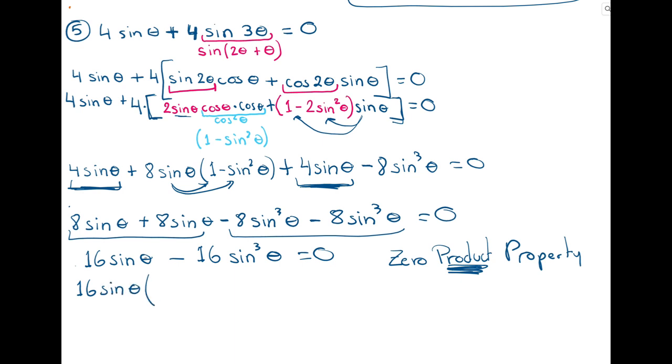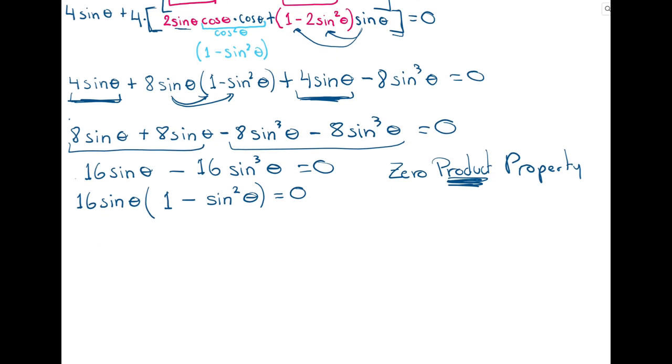Well, what is 16 sine theta divided by 16 sine theta? Well, that's just a 1. Minus, and then 16 divided by 16 is 1. Sine cubed divided by sine is sine squared, so that will be a sine squared theta. And at this time, you could rewrite that as a cosine square, but I'm ready to split this in two.